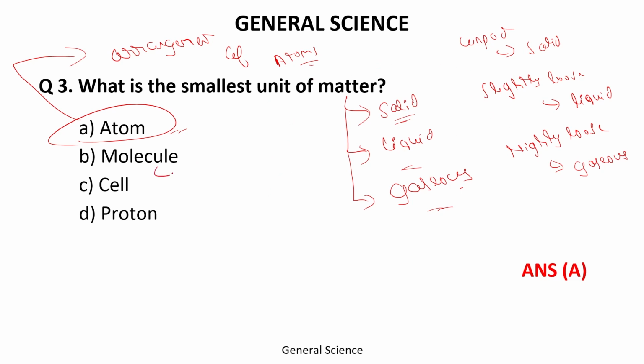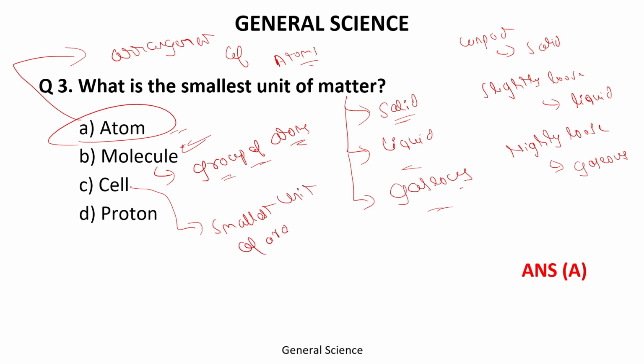Now what is the molecule? It is basically a group of atoms. When different atoms come together and form a group, it becomes a molecule. Now what about the cell? Like the atom is the smallest unit of matter, the cell is the smallest unit of an organism. Every organism which you are seeing is made up of cells.